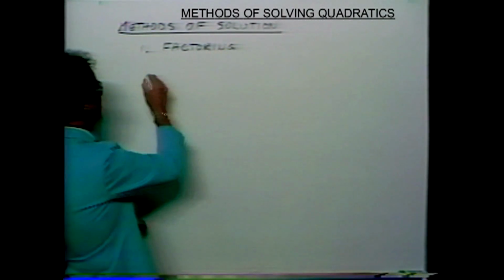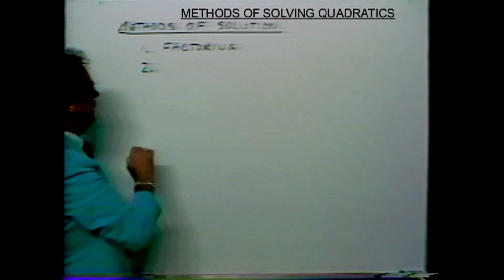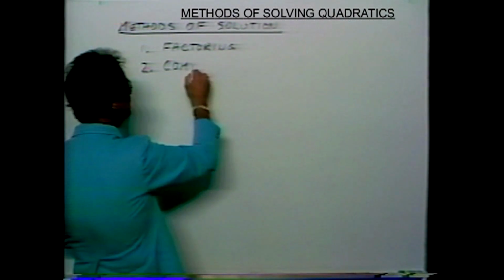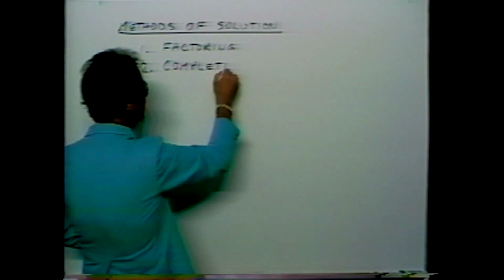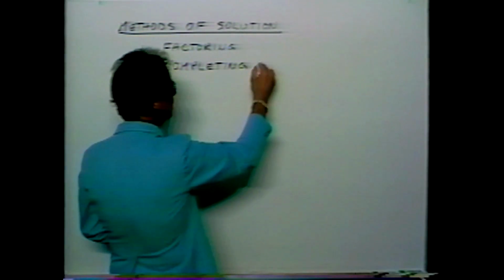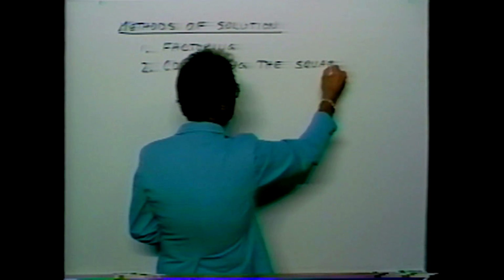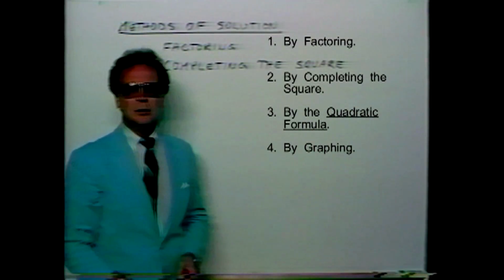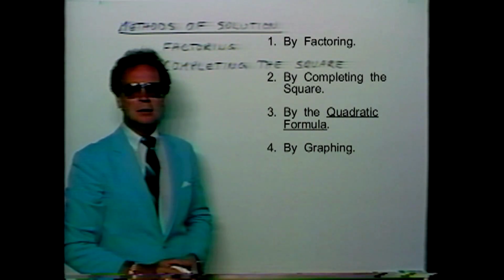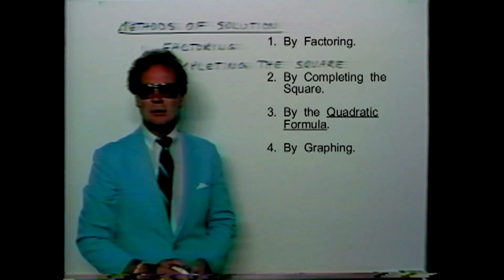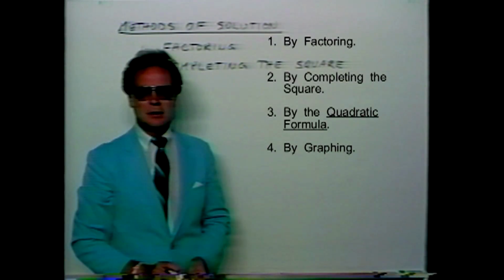Another method is referred to as completing the square. The solution or root of the quadratic can be found by completing the square no matter what the quadratic is that is given.